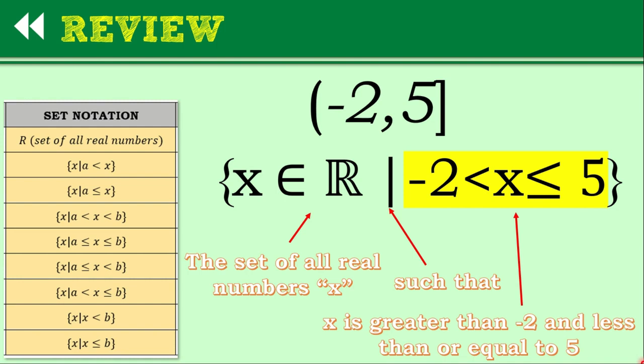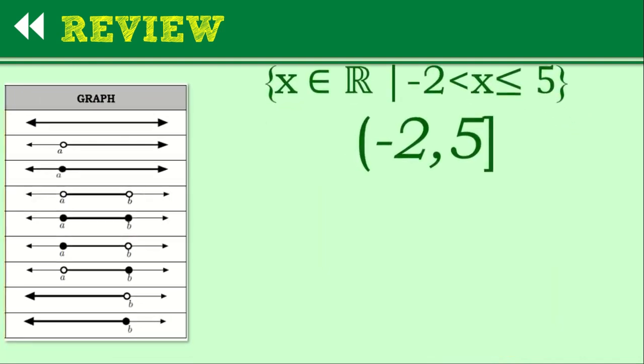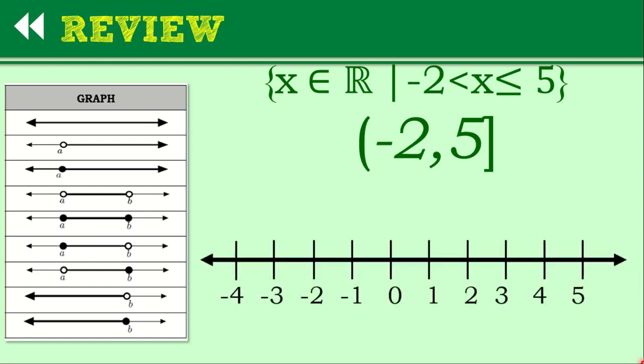How about for the graphical form, or the graph? It looks like this. So how do we translate the interval notation and the set notation earlier into a graph? Let's draw a number line first, like this. We will locate the points -2 and 5. Let's start with -2.